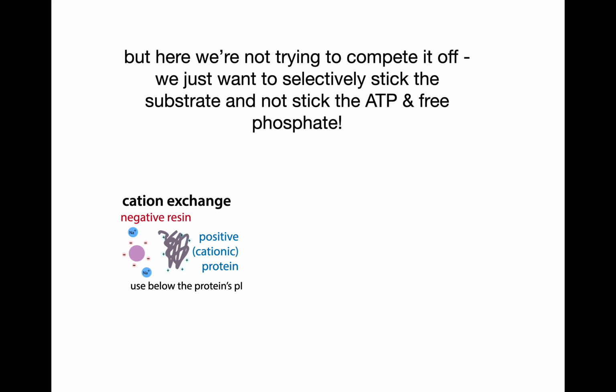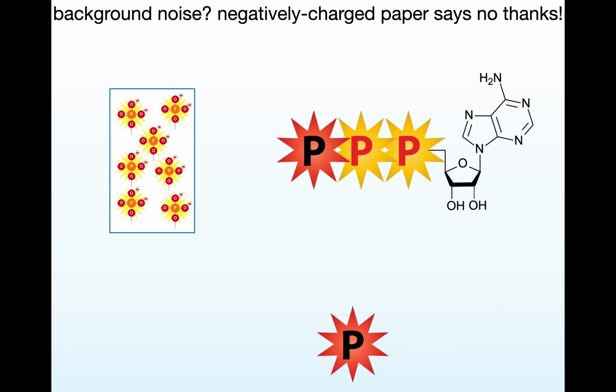We just want the ATP and the free phosphate to not stick. Remember, we have all that extra hot ATP that doesn't get added, and we don't want that to stick. So the point of the paper and washes is that we're getting the protein stuck, and then we're washing off the free ATP.